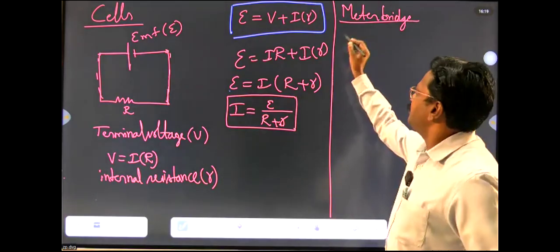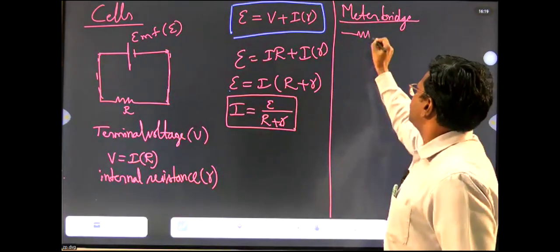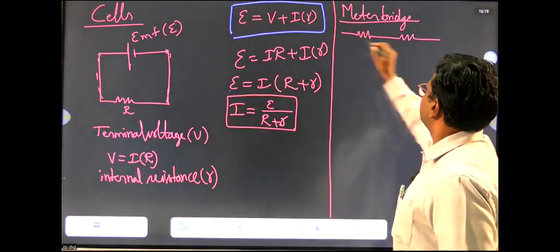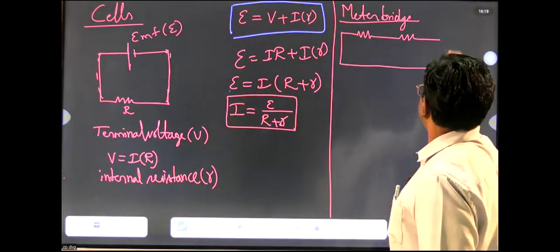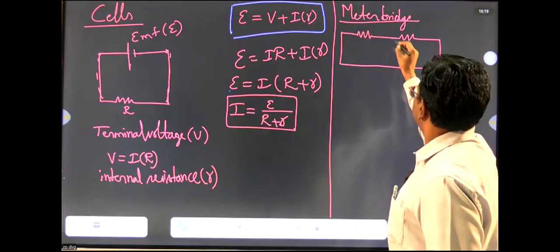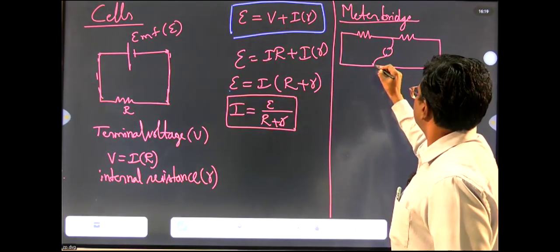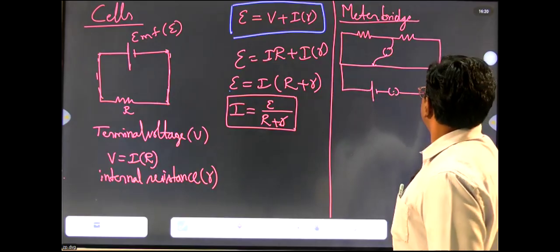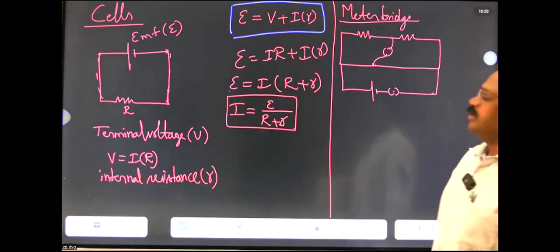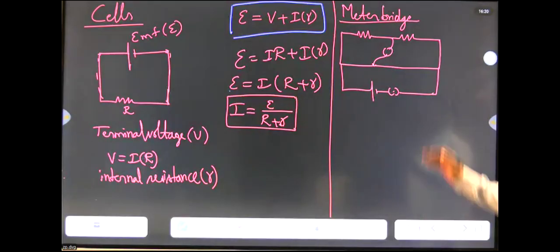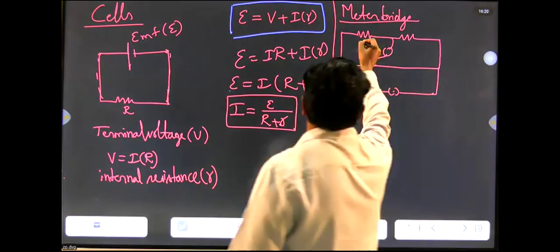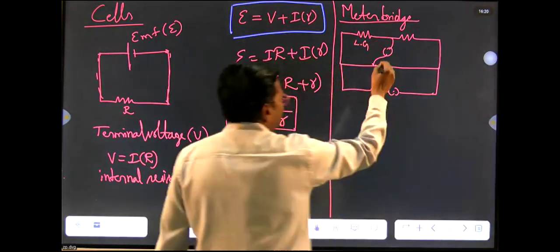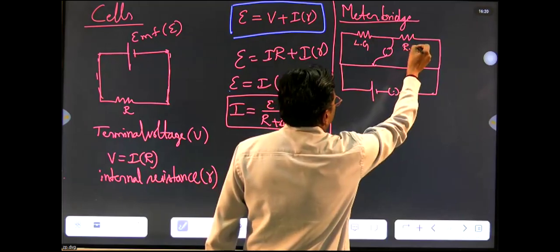So let me draw a diagram. A schematic representation of the meter bridge is like this. This is called the left gap, LG, and this is called the right gap, RG.